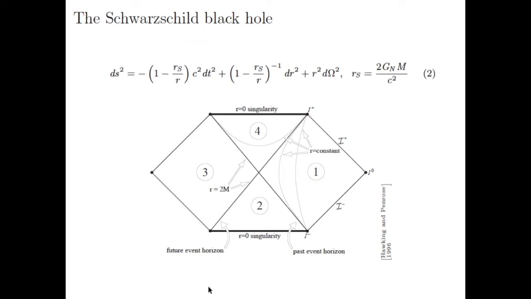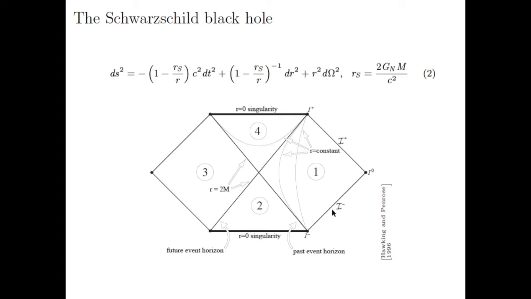And this is what you remember is the Penrose diagram. You have this singularity here, which is a space-like singularity, meaning this kind of curve you could see as an equal time slice.